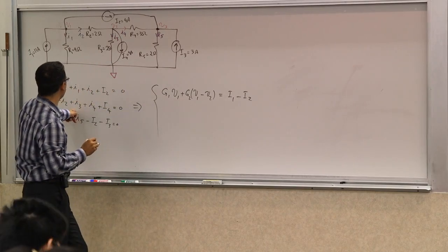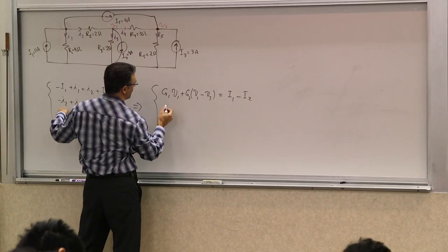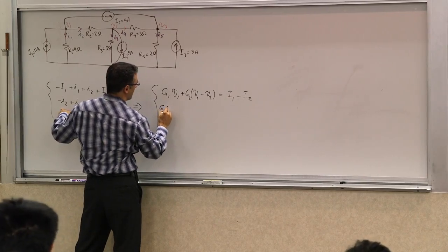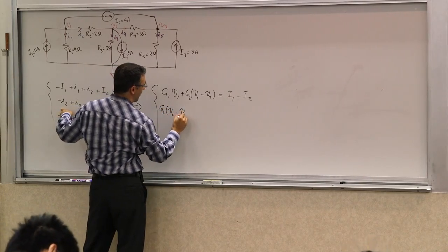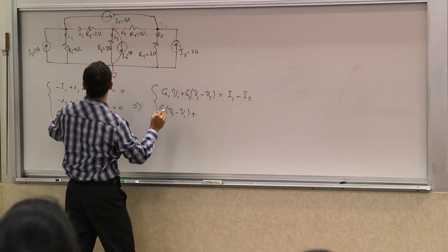So the second equation is negative I2. I2 is this, so negative I2 I can write as G2 times V2 minus V1, absorbing that minus sign, plus I3.